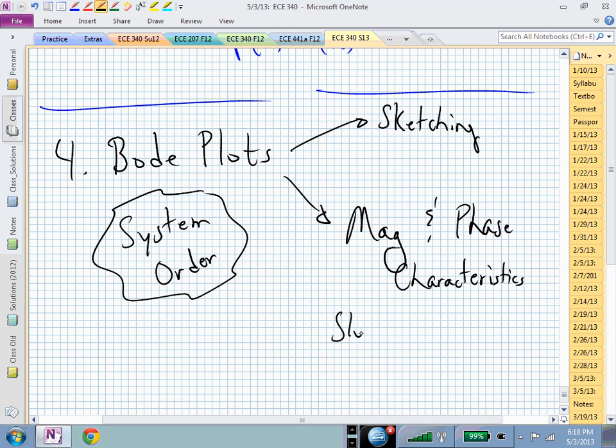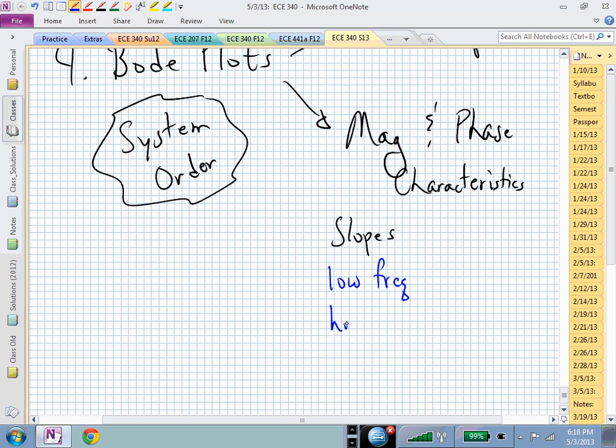Meaning, what are the slopes in terms of the magnitude at low frequencies? What are the slopes at high frequencies? And I would like to think that you know how to do that.